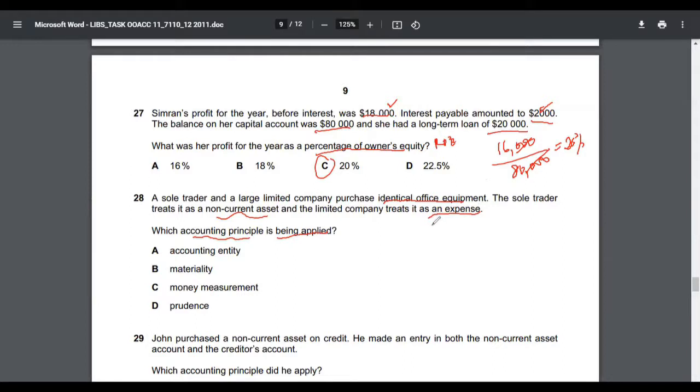For the sole trader, this is a big purchase, and that is why the sole trader treated that purchase as a non-current asset. But for a limited company, that purchase could be very small in terms of all of its purchases. So they treated it as an expense. Such a concept is called materiality. So the answer to multiple choice 28 would be option B.